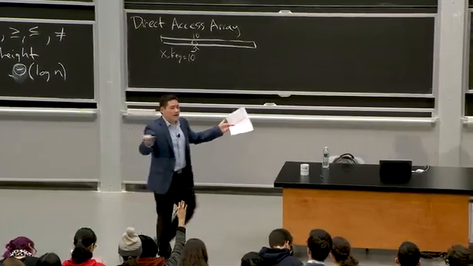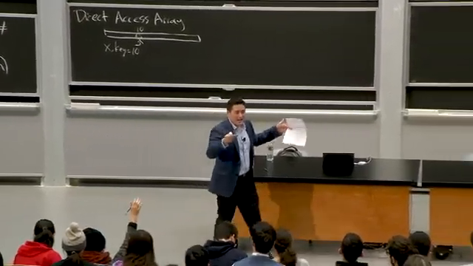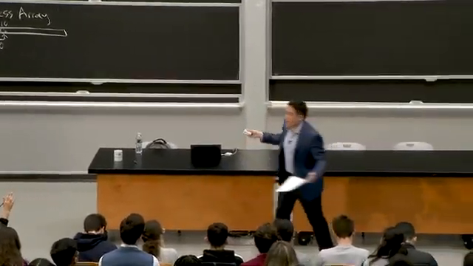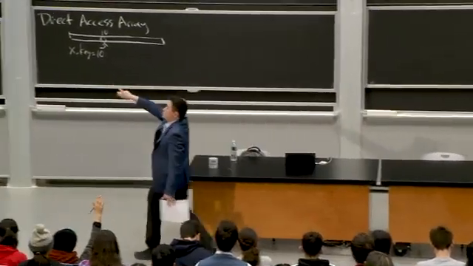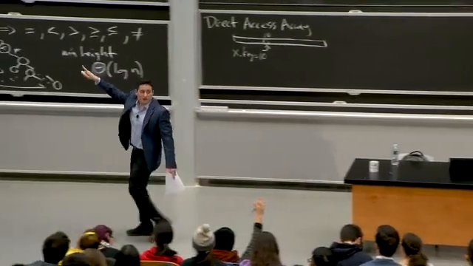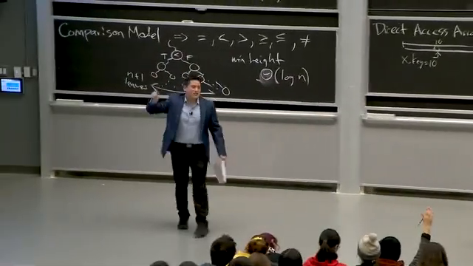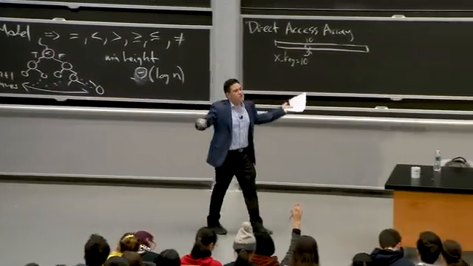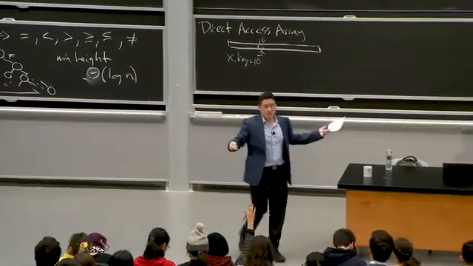So 300 or 400 is an n that's much smaller than the size of the numbers that I'm trying to store. And as a variable for the size of the numbers I'm storing, I'm going to say u is the maximum size of any number that I'm storing. It's the size of the universe of keys that I'm storing.